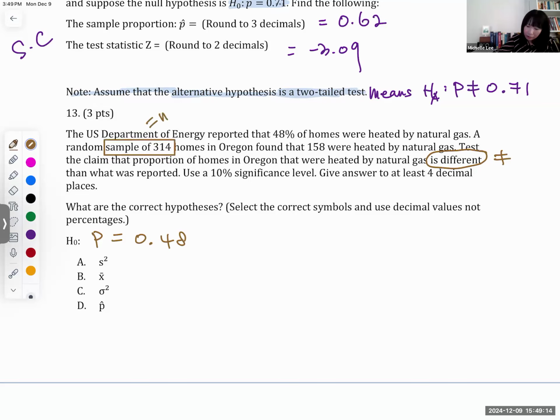This is N. And this will be X, number of successes. Okay, let's do it. And then the level of significance, 10%, which is 0.1.